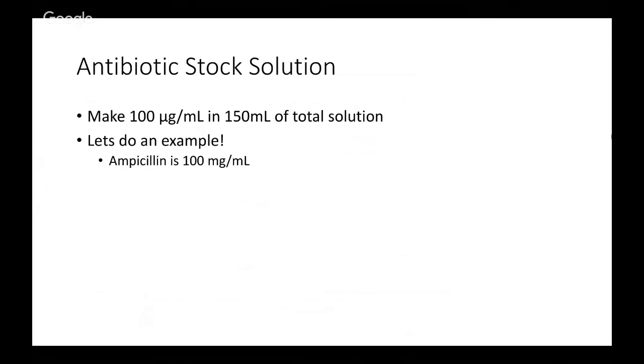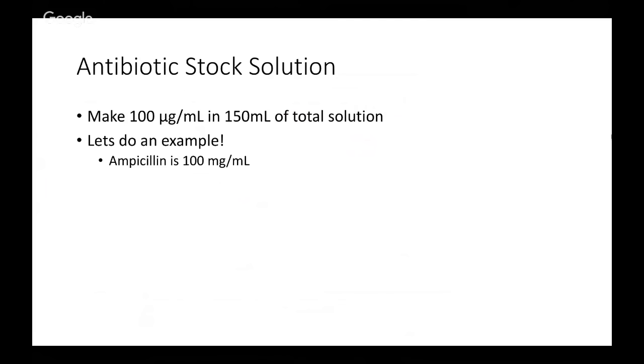So 100 is a really good round number to work with, especially when you're working at a microgram scale. You have to realize a microgram is, for example, 1 gram equals 10 to the 6th micrograms. So 10 to the 6th is a lot of zeros, meaning you're making a very, very dilute antibiotic per plate.